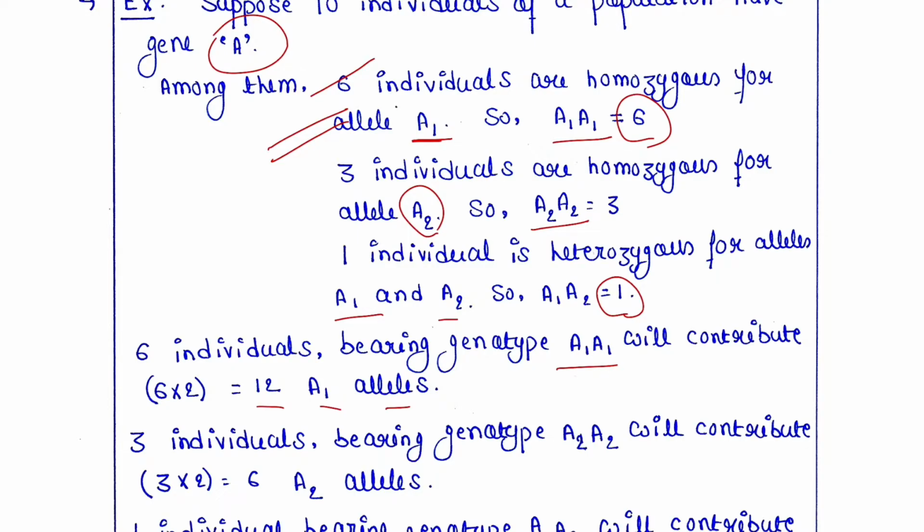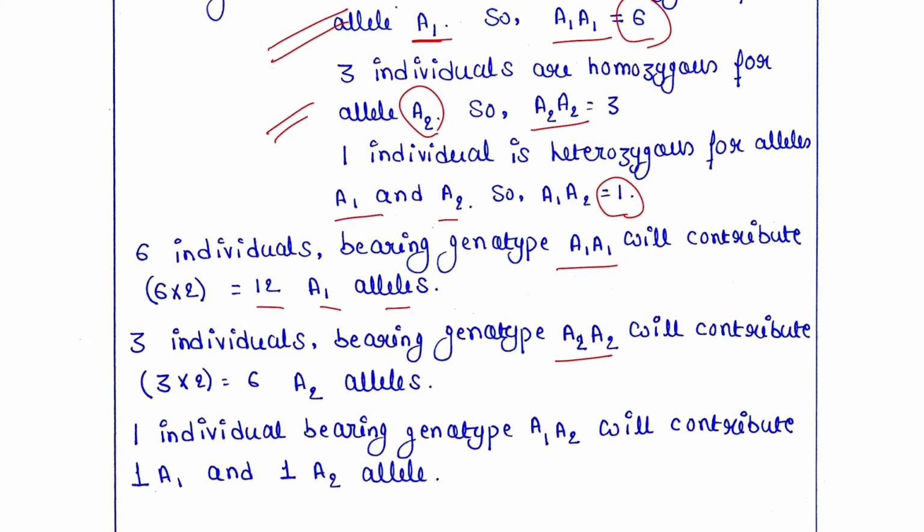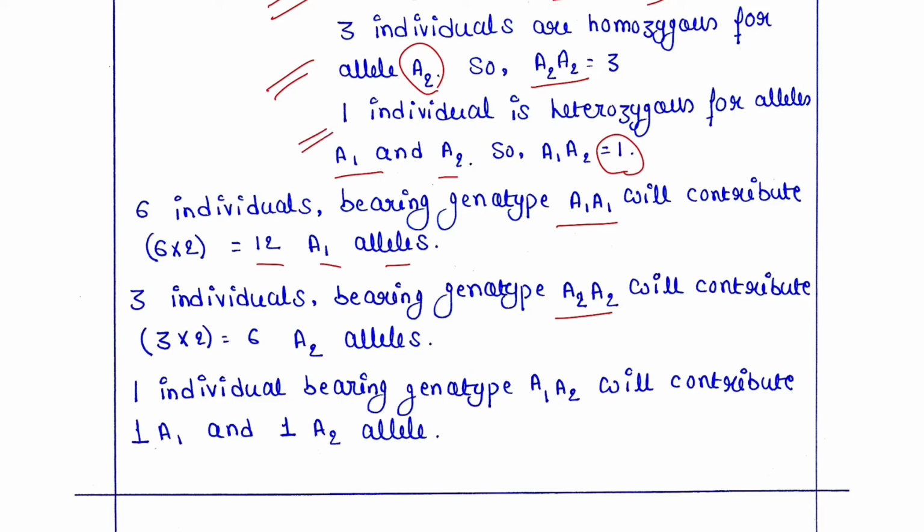The 3 individuals bearing genotype A2A2 will contribute 3 into 2 is equal to 6 A2 alleles, since each individual contributes 2 A2 alleles. Hence 6 A2 alleles will be present in this population. The 1 individual bearing genotype A1A2 will contribute 1 A1 and 1 A2 allele.